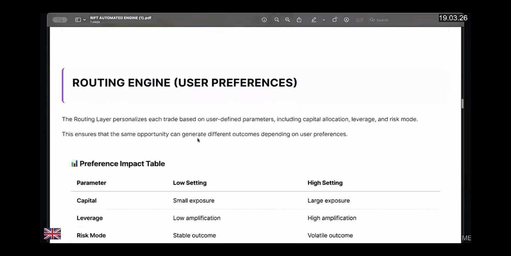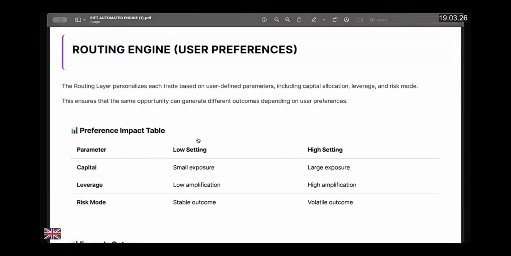Then there is the routing engine, which is built inside the automated trading engine in Rift, and which brings you the same trade with different results, which formulates a different strategy for the same level of exposure, with the same capital, but with different leverage and different risk mode.